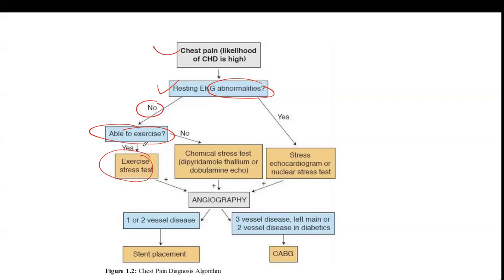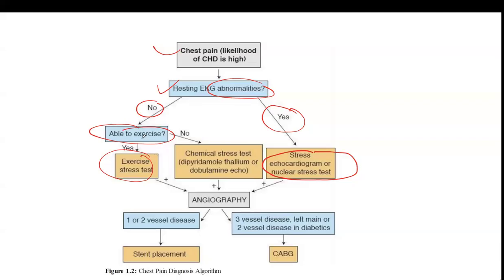But let's say the resting ECG has some abnormality. In that case, we can't do the stress test anymore. So we need to do the stress echo or a stress nuclear test. So a stress echo is patient runs on a treadmill, and then we just do an echocardiogram. And a stress nuclear test, patient runs on a treadmill, and we put a dye in.